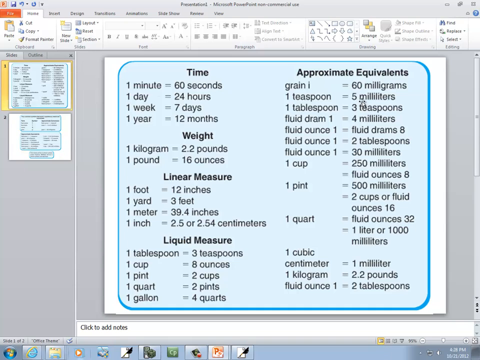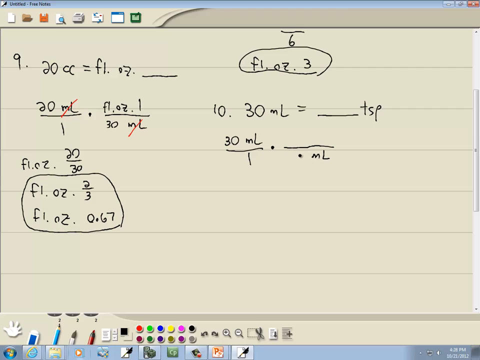I think I had one here. 5 milliliters is 1 teaspoon. I can use that. So milliliters will cancel here. And we got 30 times 1 over 1 times 5 teaspoons. And 30 divided by 5 gives us 6 teaspoons.